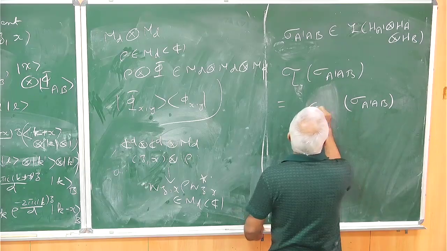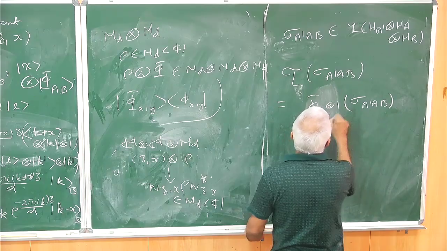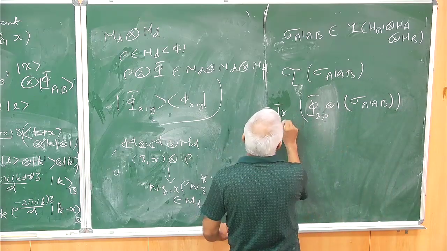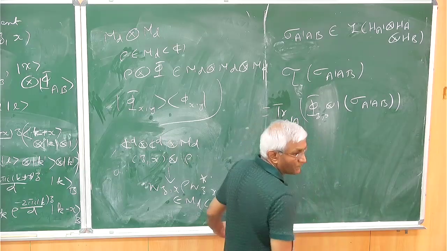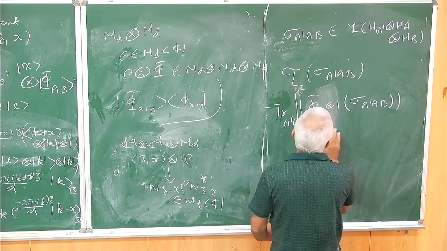There is going to be phi ZX tensor 1. You are going to take the measurement and take the trace over A prime A only.